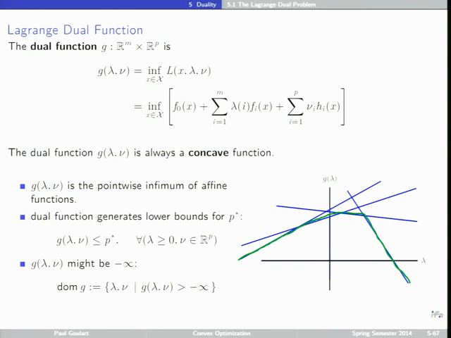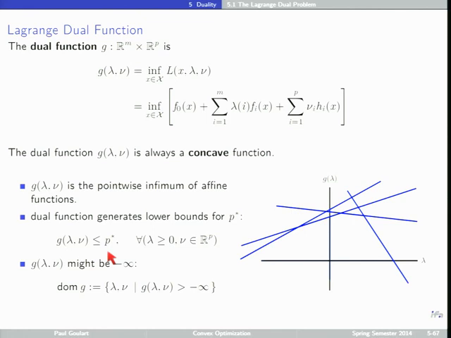But for now, I just point out to you that if I fix the weights such that lambda is greater than 0, then no matter what weights I pick, this function is always going to be less than p star. And how do I know that this is true?